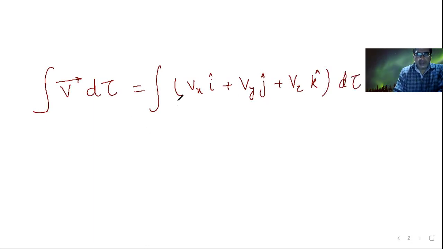So V is some vector field, vx, vy, and vz are its rectangular components.